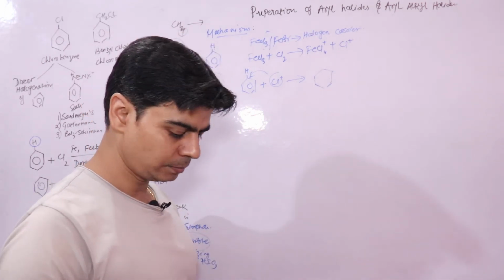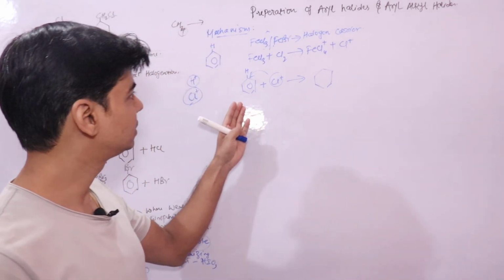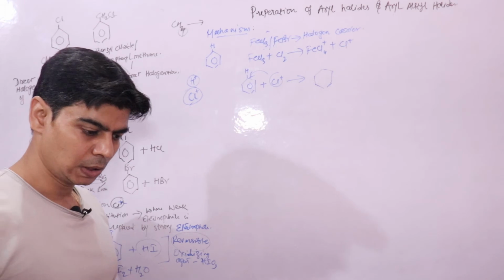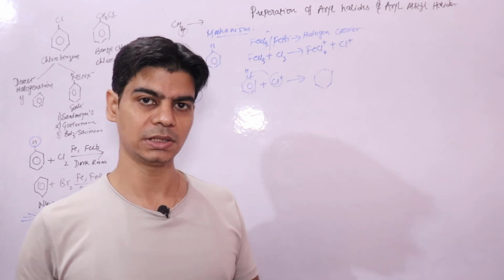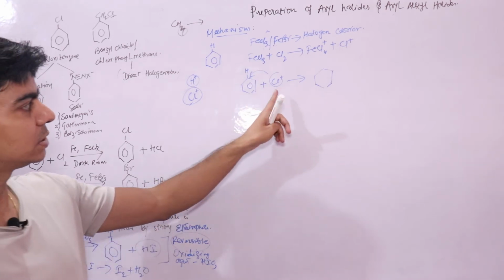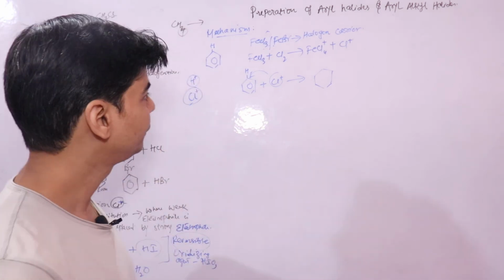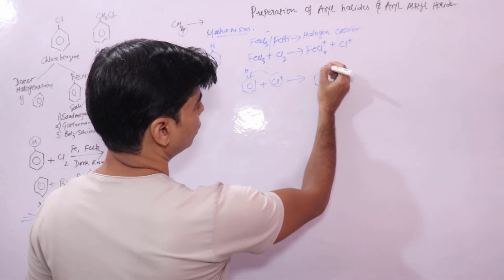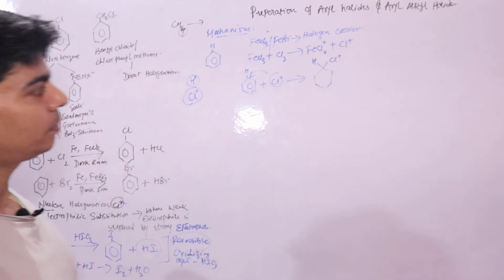Because in mechanism, what is a substrate? The substrate here is benzene. And what is a reagent? A reagent is something that produces or creates an electrophile or a nucleophile. We know positive and negative reagents, right? So here the reagent we have is ferric chloride, which produces this positive reagent, your electrophile chloronium ion. So it will attack your benzene nucleus to form a carbocation.